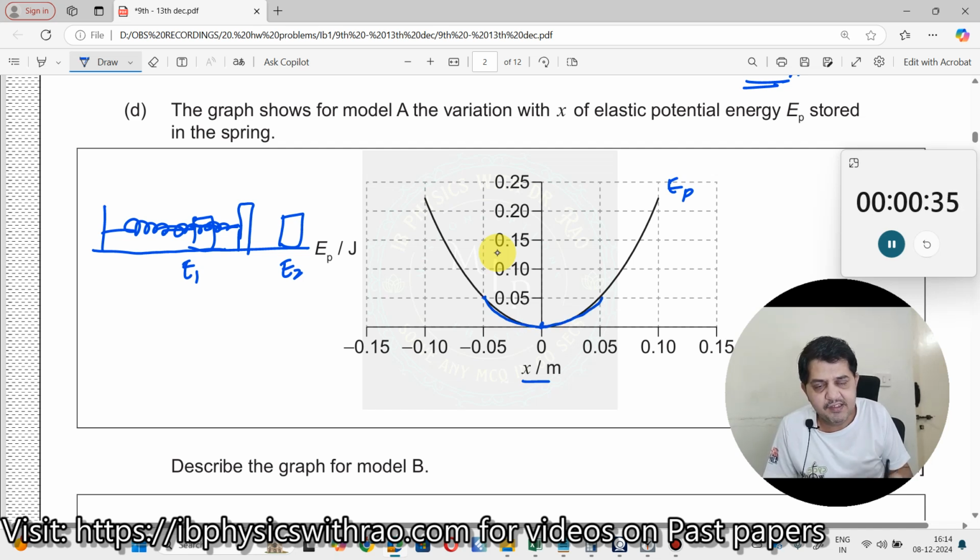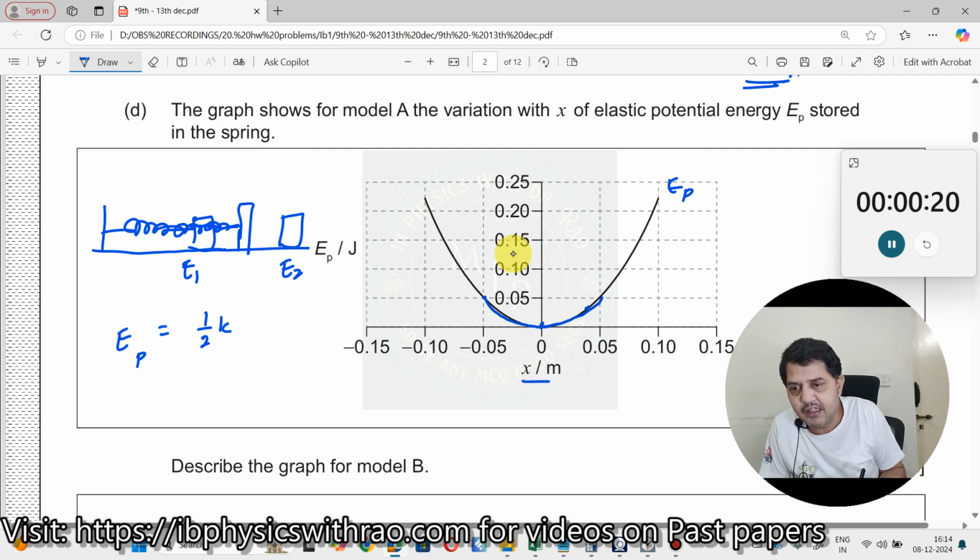Now after this, two conditions can arise. Does the graph go like this or does the graph go like this? That's what we need to ask. So how do I know? We know that potential energy is given by half kx square, which is half m omega square x square. So this is the potential energy stored in the spring.